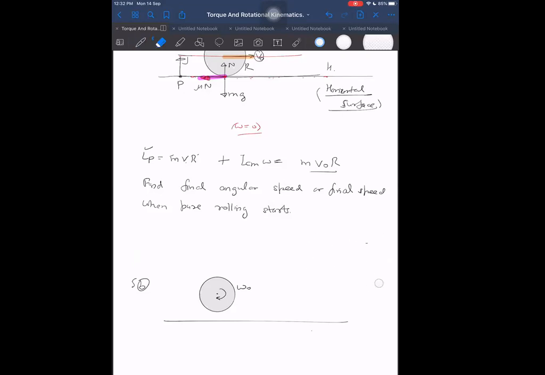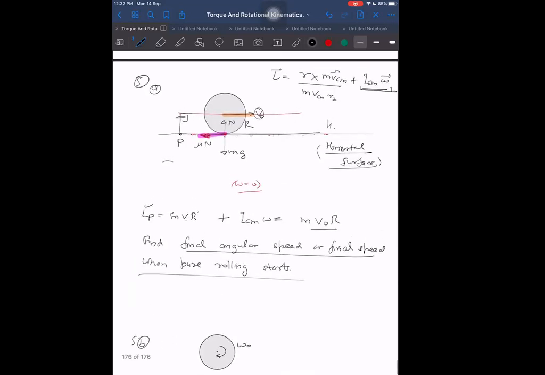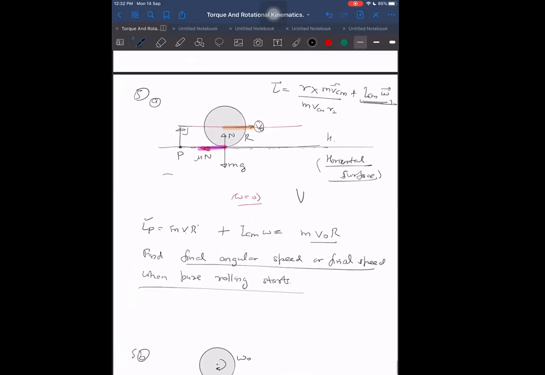So in our present scenario, the velocity decreases, omega increases, and a time will come when v will become equal to r omega.